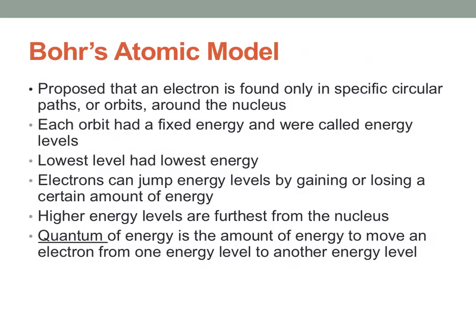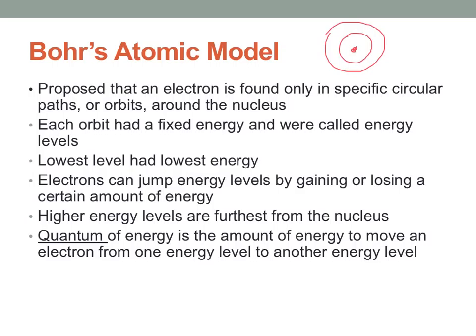Then another guy came along, his name was Bohr. He proposed that an electron is found only in a specific circular path. Probably what you saw last year is some diagrams where you would see something like that. The dot in the middle is the nucleus, so we're not really concerned with that anymore.